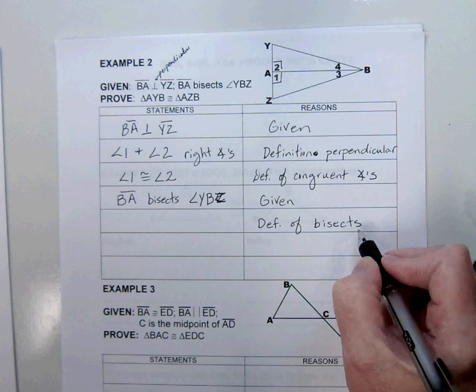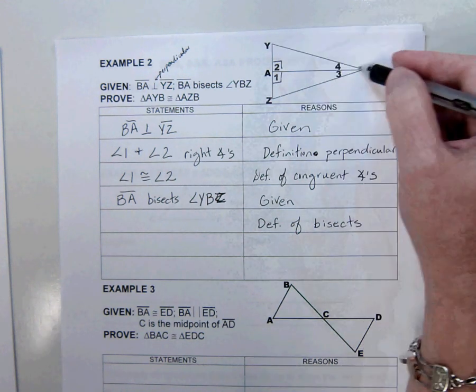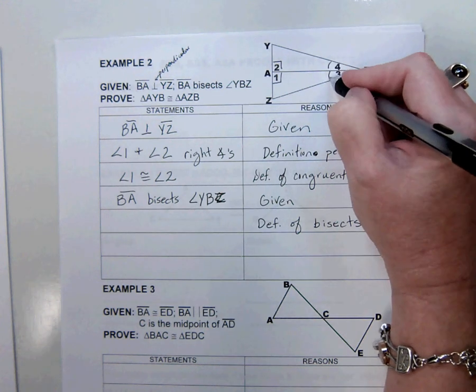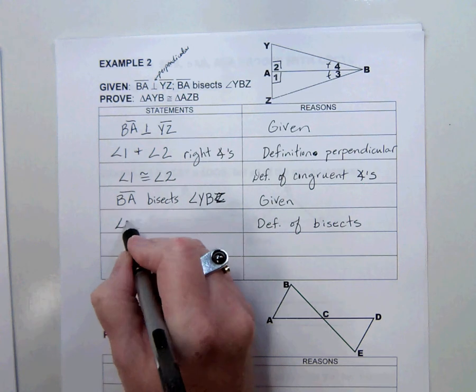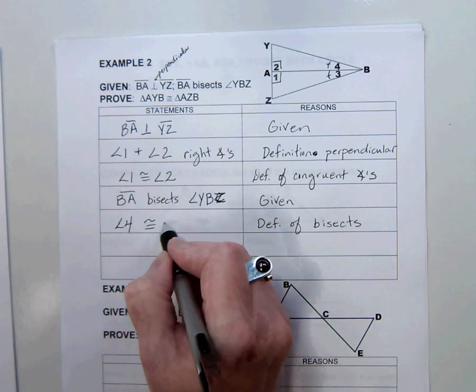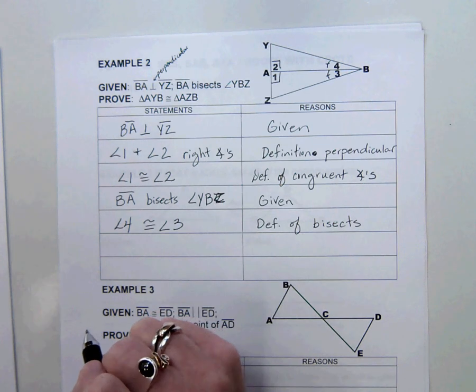So if we're dividing an angle into two equal parts, and here's the angle that's being divided, I'm going to go ahead and tick mark these two. That means that angle 4 is going to be congruent to angle 3. That's definition of bisects.